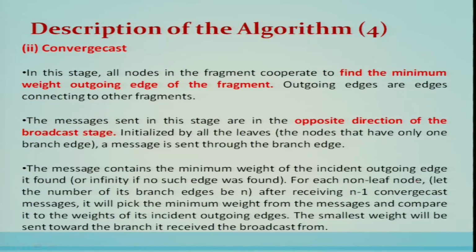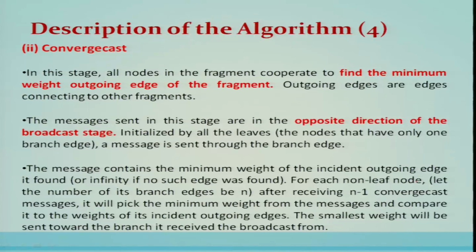Convergecast. At this stage, all nodes in the fragment cooperate to find the minimum weight outgoing edge of the fragment. Outgoing edges are the edges connecting to other fragments. The messages sent in this stage are in the opposite direction of the broadcast stage. Initiated by all the leaves, the nodes that have only one branch edge, a message is sent through the branch edge.